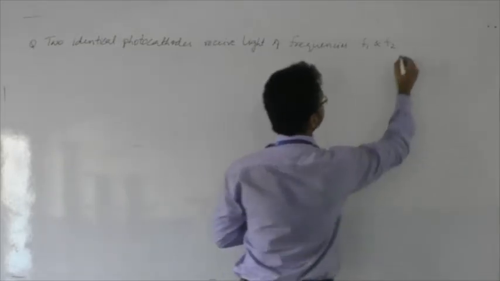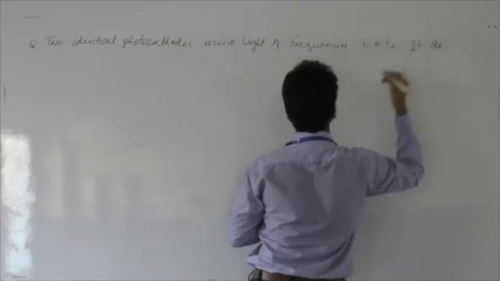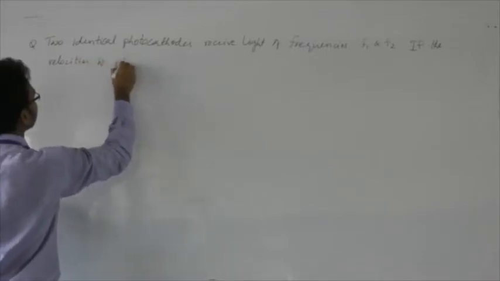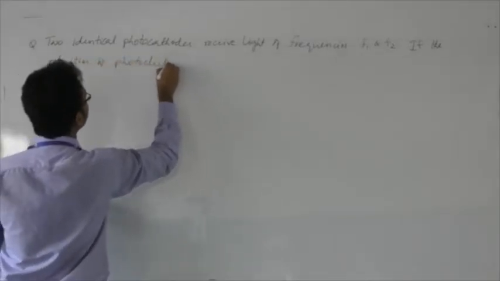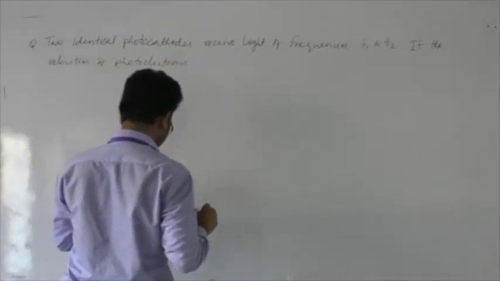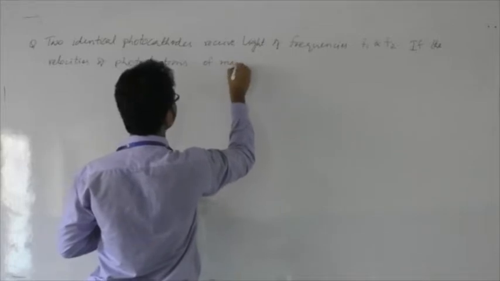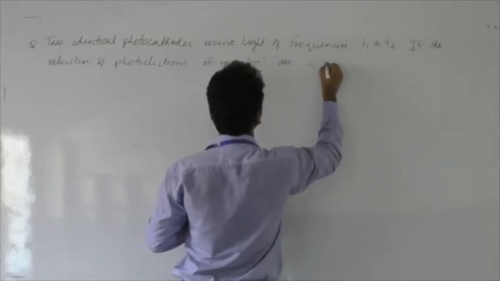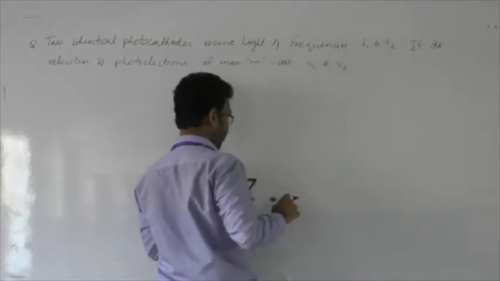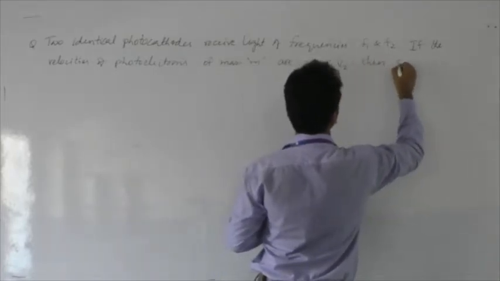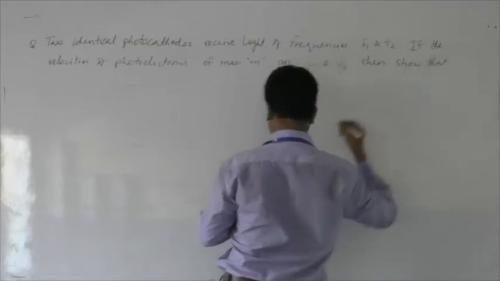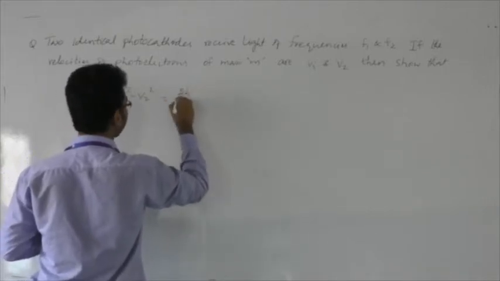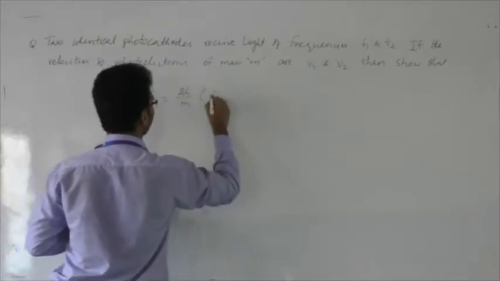If the velocities of photoelectrons of mass m are V1 and V2 respectively, then show that V1 square minus V2 square equals 2h by m (F1 minus F2).